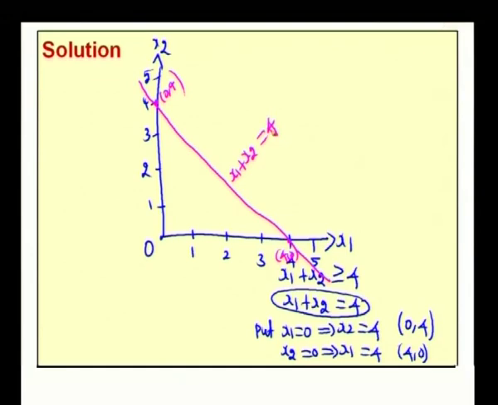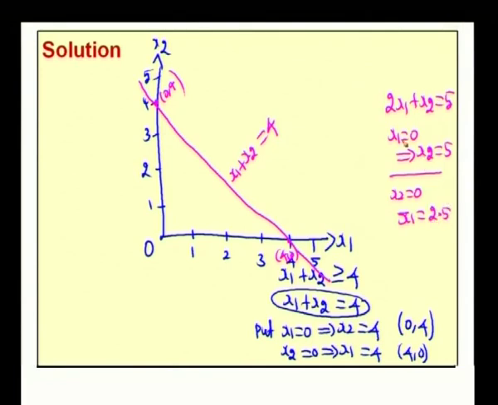The next given constraint is 2x1 plus x2 equal to 5. In a similar manner, by taking x1 equal to 0, we get x2 equal to 5, and by taking x2 equal to 0, we get x1 equal to 5 by 2, which is 2.5.